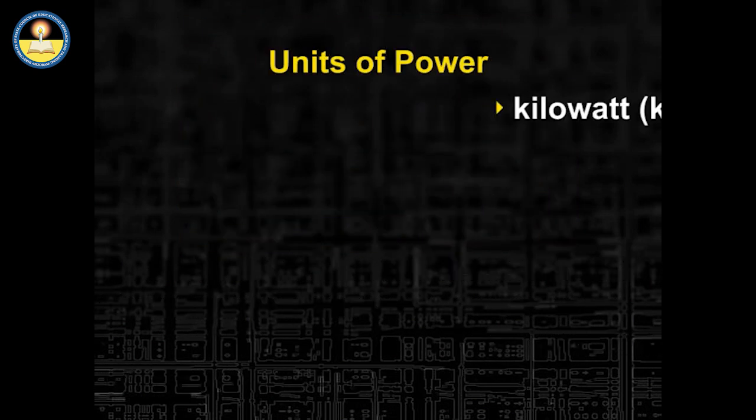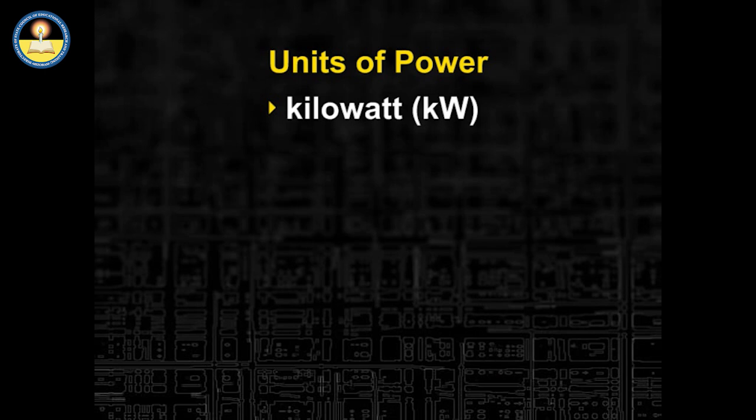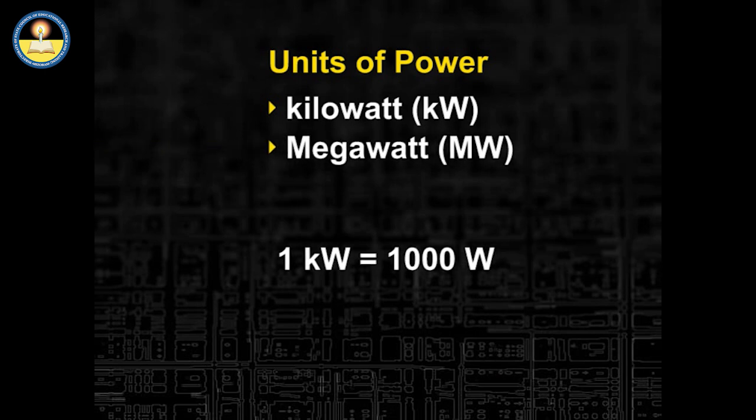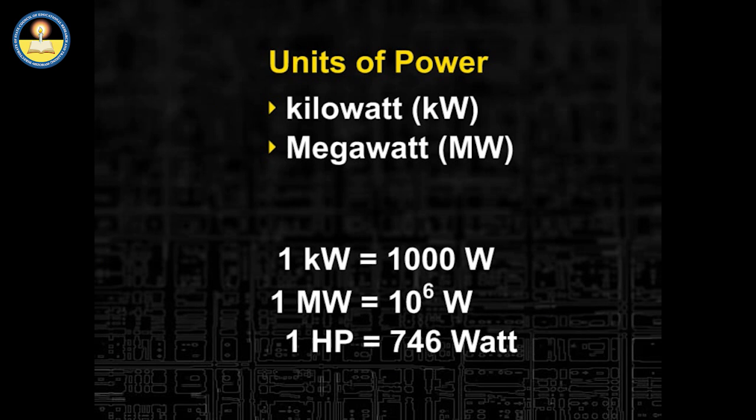Other units of power are kilowatt and megawatt, where 1 kilowatt is equal to 1000 watts and 1 megawatt is equal to 1 million watts. However, the commercial unit of power, especially mechanical power, is horsepower, where 1 horsepower is equal to 746 watts.